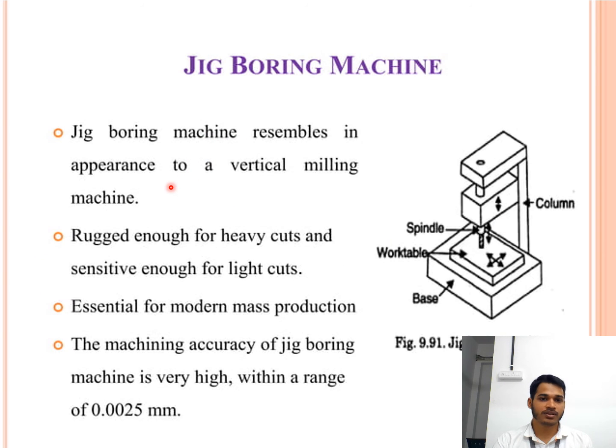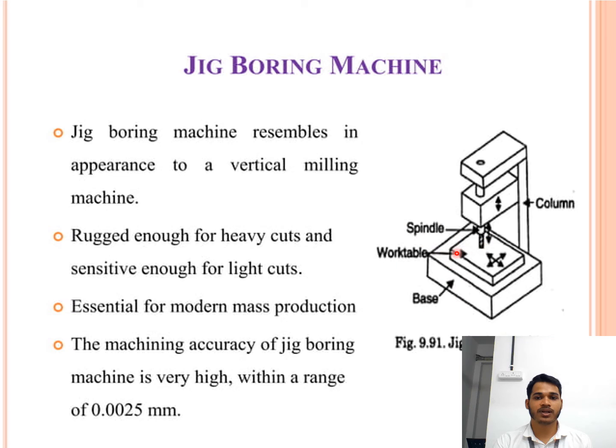And a jig boring machine. A jig boring machine resembles a vertical milling machine in appearance, strong enough for heavy cuts and sensitive enough for light cuts, and essential for modern mass production. The accuracy of jig boring machines is very high, within a range of 0.0025 mm, so it is generally used for more accurate work.